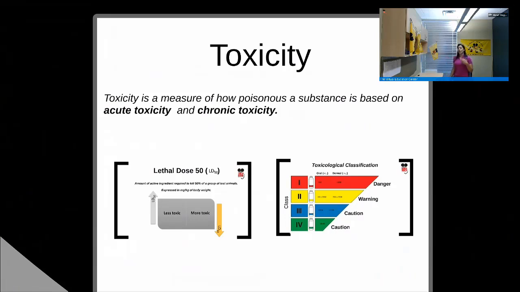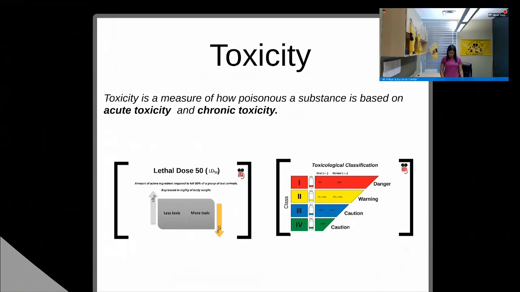It is when we get exposed once or a short period of time to the substance and we get sick. And chronic, which is our main concern, is when throughout the time, with different exposures, our technicians get in contact with a pesticide that contains maybe a lower toxicity, and throughout the time, they get sick. That's what we call chronic toxicity.